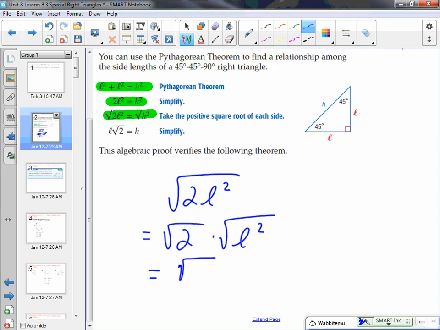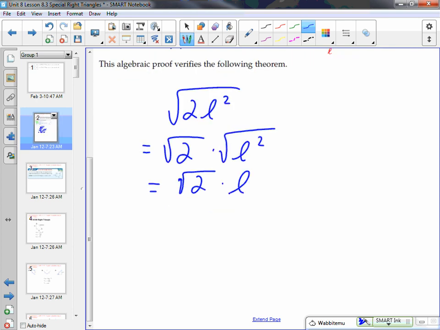So it's the square root of 2 times L. Now, it's conventional to write anything that's not supposed to be underneath the square root in front of the square root. Otherwise, it's hard to tell: is the L under the square root or not? So since the L's not under the square root, we write it in front.